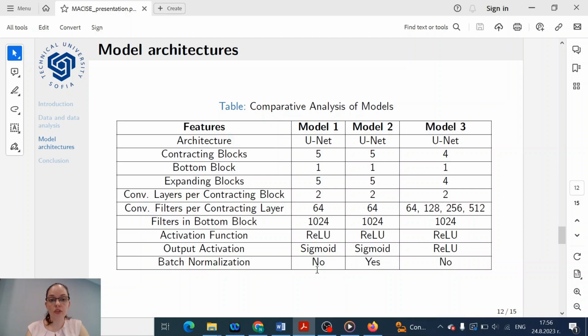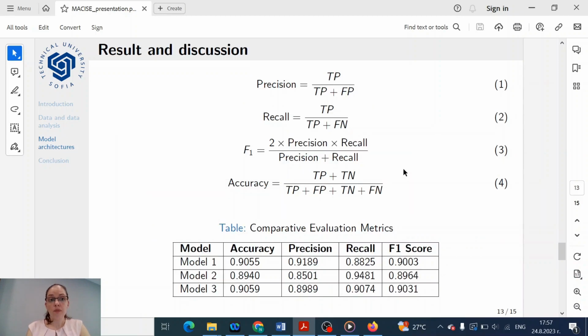Another difference is the batch normalization, which we use for the second model. And the third huge difference is the output activation, where for the first and the second model we use sigmoid, and for the third one it is the ReLU function, and there are small changes of the architecture.